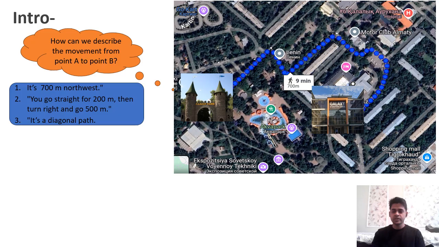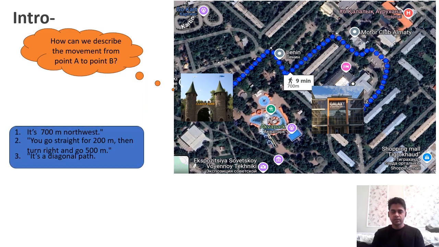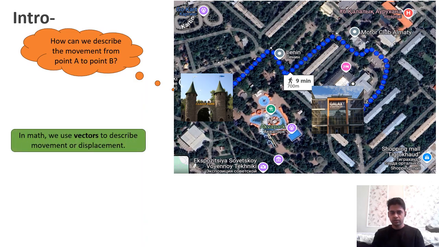If you see the responses from the students, they consist of only two things. The first thing is distance and the other thing is direction. So just remember here, in mathematics we use vectors to describe movement or displacement. This yellow line shows the displacement, how far they are.